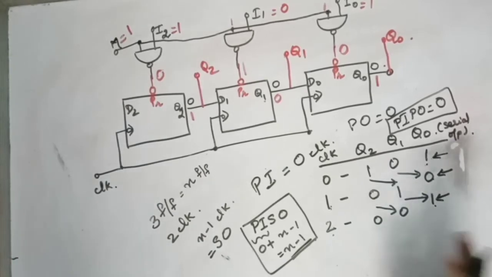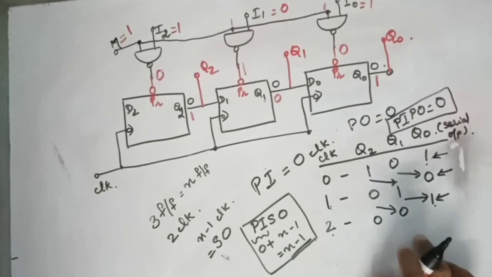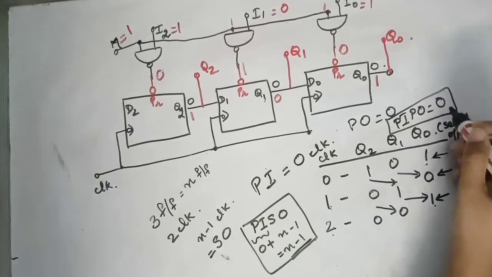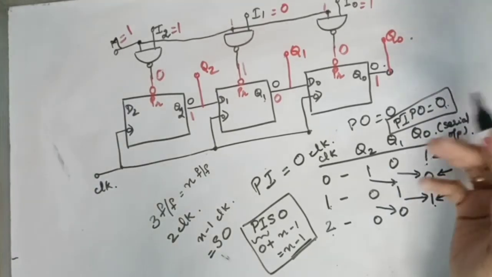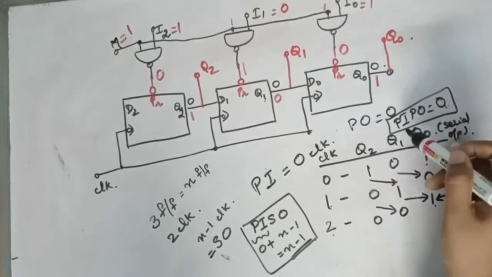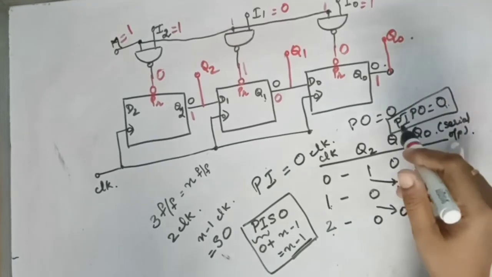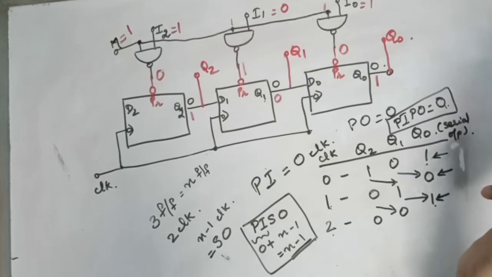Parallel in, parallel out, there is nothing much to draw, you just apply the input and you get the output. Since parallel out doesn't require any clock cycles, there is no timing diagram as such, because timing diagrams are always drawn with respect to a clock. It's just what you give as input, you get as output.